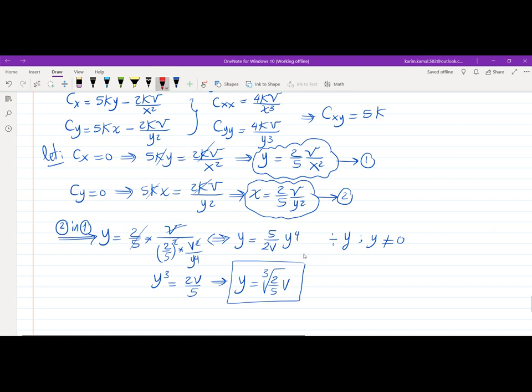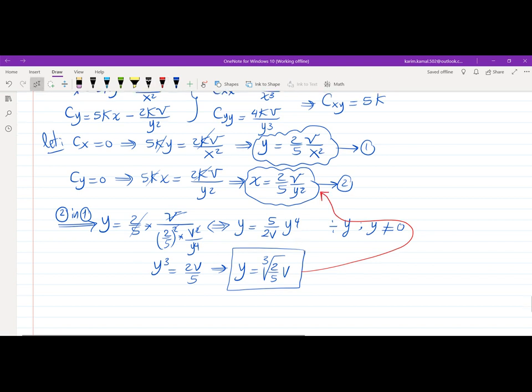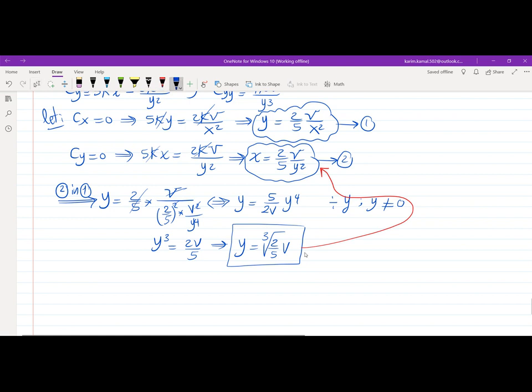in order to get the x value. Then in 2, in order to use it again, we will get after simplification that x equals cubic root 2v over 5, which is the same value, and then we will get the z value, and we know that z equals v over x and y, and then we have x and y now.